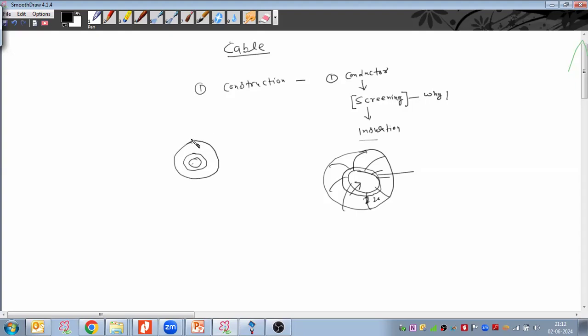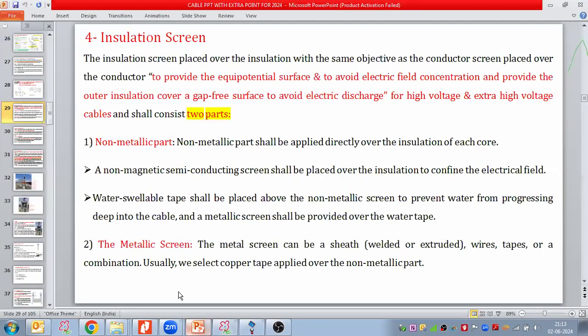Over the insulation we are putting the insulation screening, and the purpose of this screening over the insulation material is the same as the conductor screening.